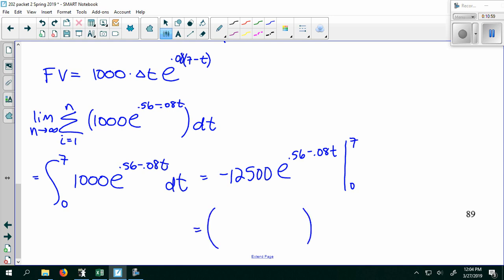Okay, so when I plug in a 7, I get negative 12,500 times e to the 0.56 minus 0.56. So that's e to the 0, which is 1. So I get negative 12,500 when I plug in 7. And when I plug in 0, I get negative 12,500 e to the 0.56.